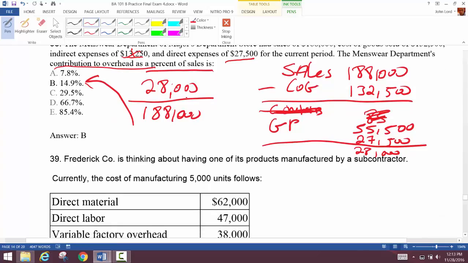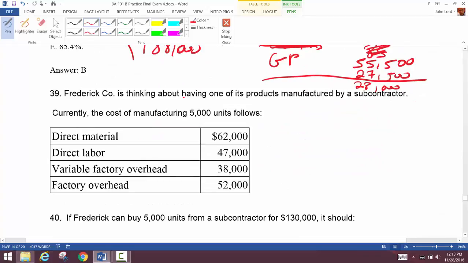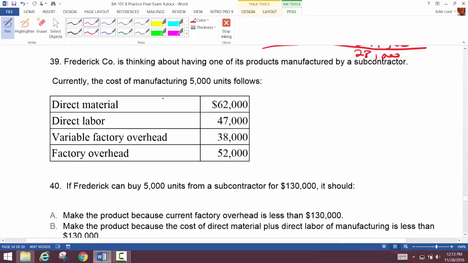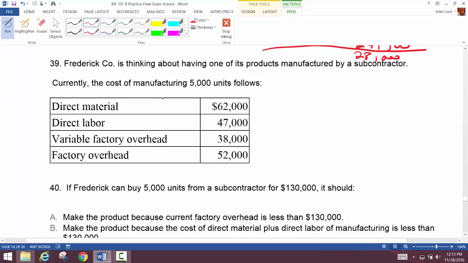Okay, good. Frederick Company is thinking about having one of its products manufactured by a subcontractor. If Frederick can buy the 5,000 units from the subcontractor, should it make or buy the product? Okay, so how are we going to evaluate this? We could buy it for 130.